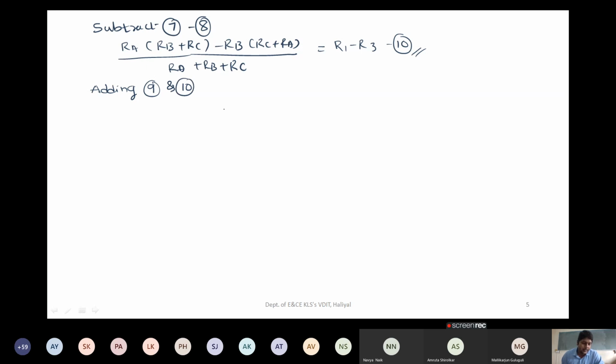So what we get is, we see that it will be a very long equation. Let me write it. So it is just a multiplication of this, okay, and you have to add it.